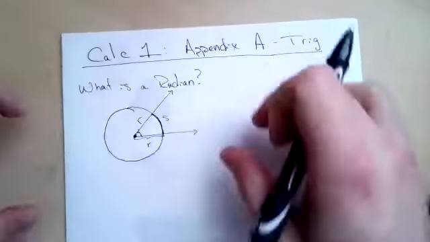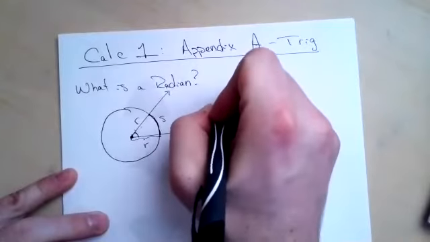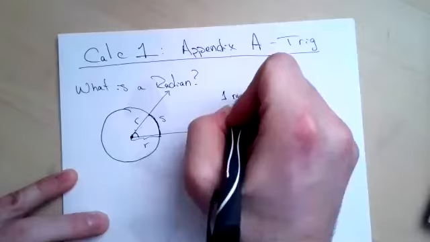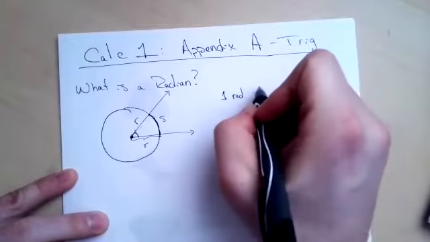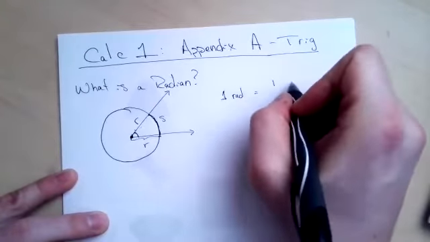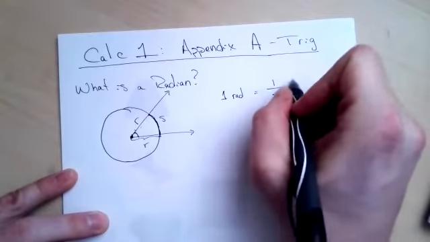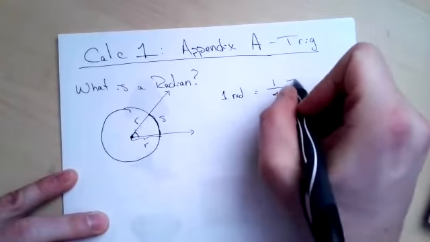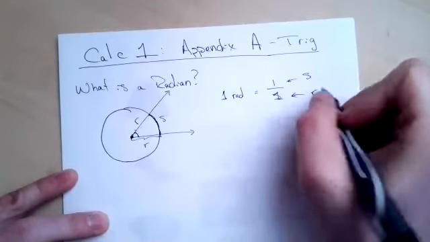And again, it doesn't matter how big the circle is drawn. 1 radian is essentially the arc length of whatever unit. So 1 to 1, where this is going to be the arc length and this is going to be the radius.